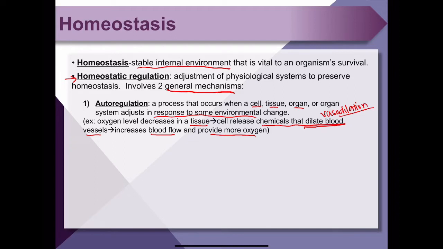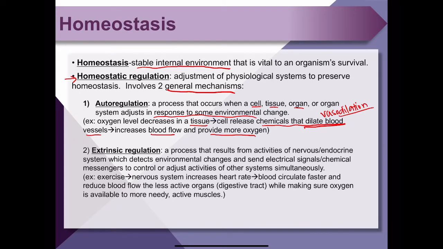The second mechanism is called extrinsic regulation, which is a process that results from activities of the nervous and endocrine system. Now we need a signal coming from somewhere.